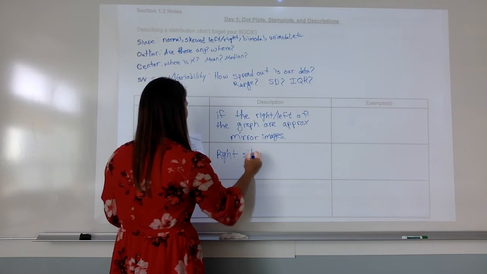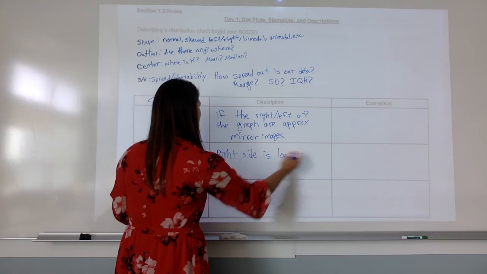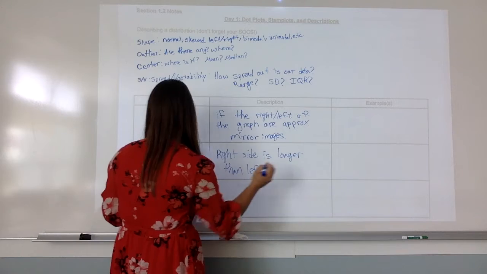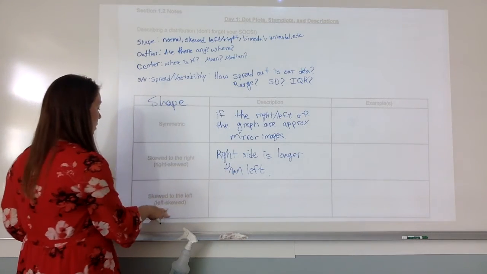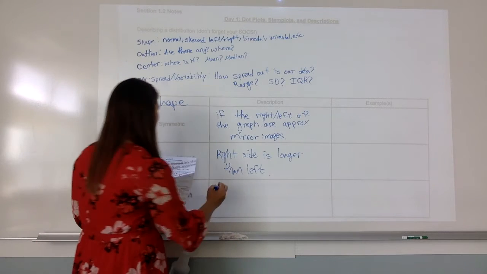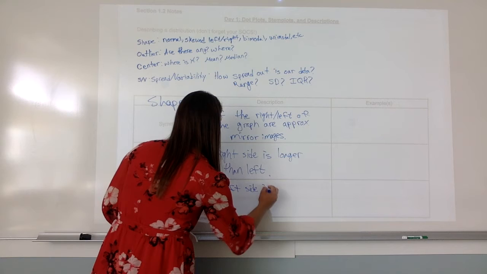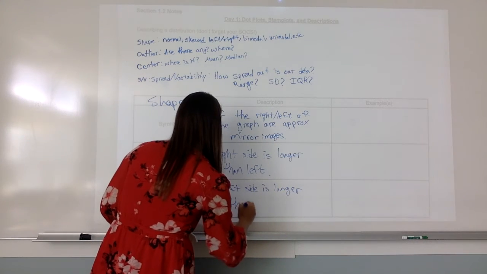The right side is longer than the left. I'm going to draw you pictures of each of these as well. Skewed to the left or left skewed. Left side is longer than the right.